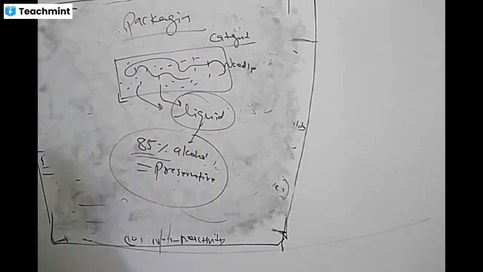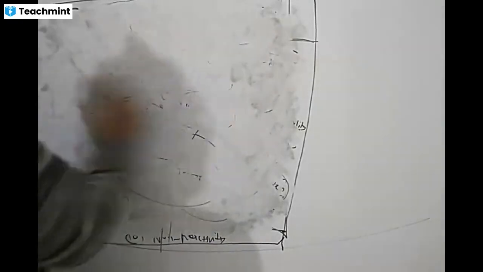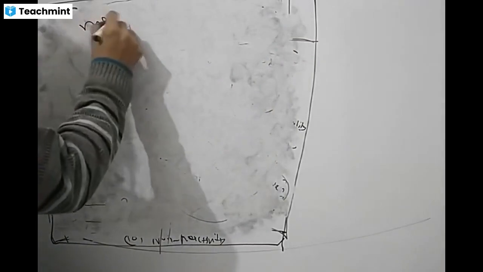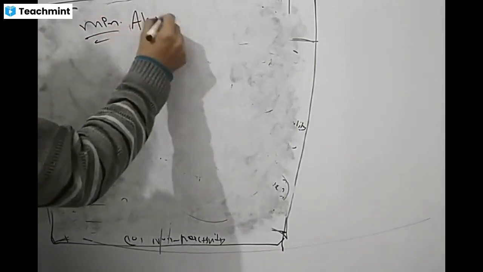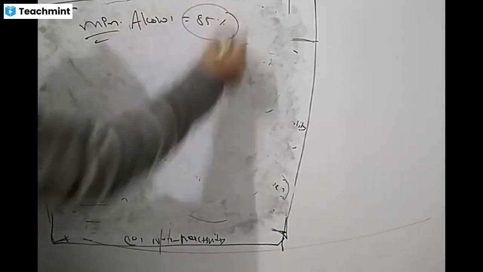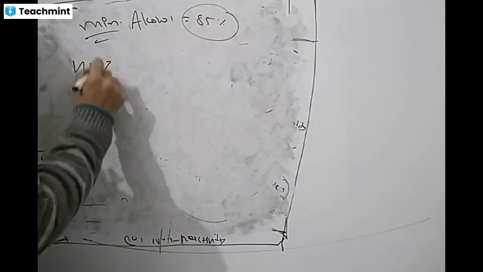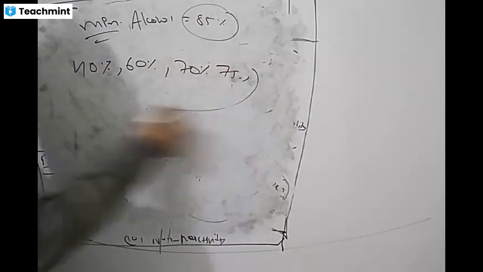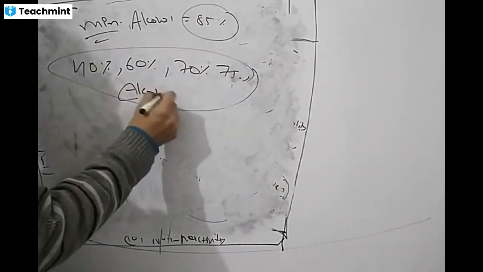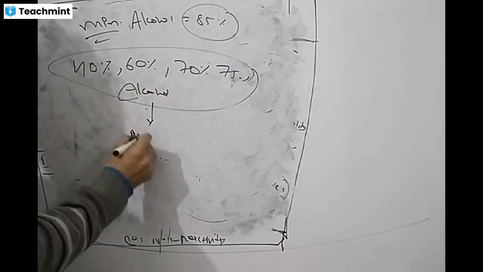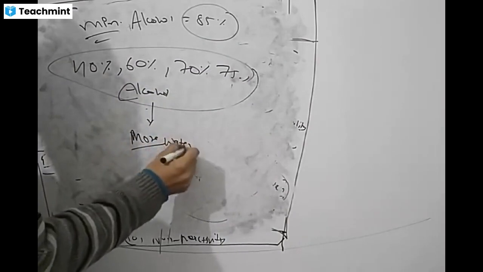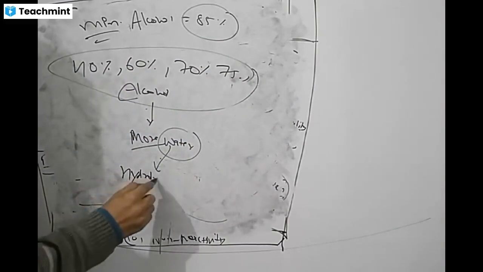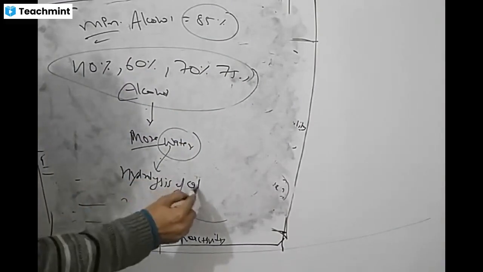They say it is used as a preservative. Why is it used as a preservative? The minimum alcohol used is 85%. What will happen if you use 40%, 60%, 70%, 75%? These percentages of alcohol contain more water, and water causes hydrolysis of catgut.